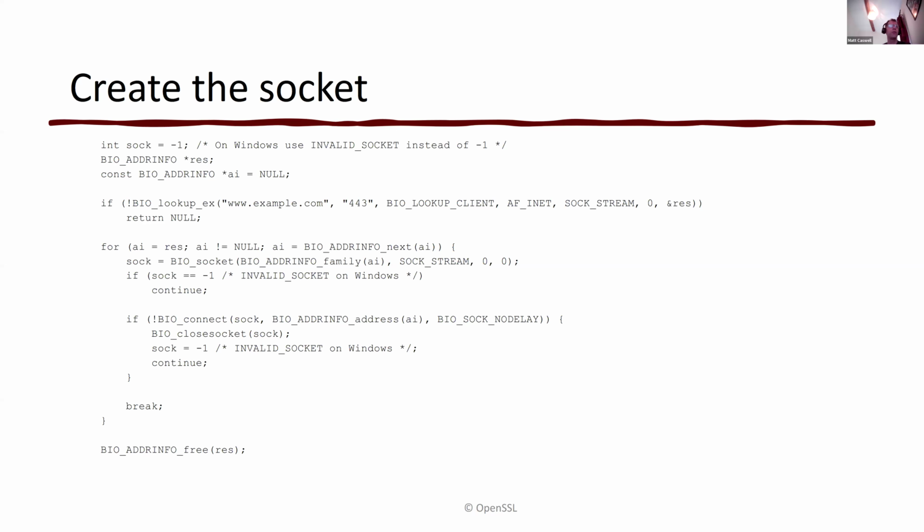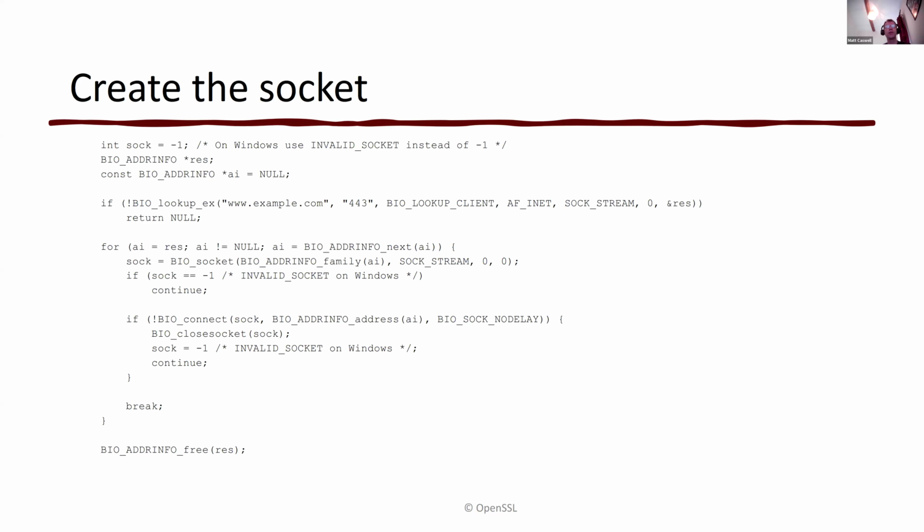So we create the socket. We call this function BIO_socket. We pass in the IP address information that we've obtained, and we try and create a socket. And then if that step is successful, then we connect it to the server. So we make this call BIO_connect.